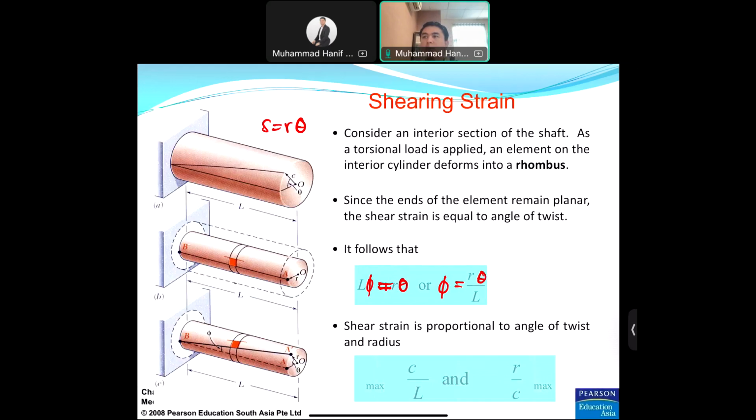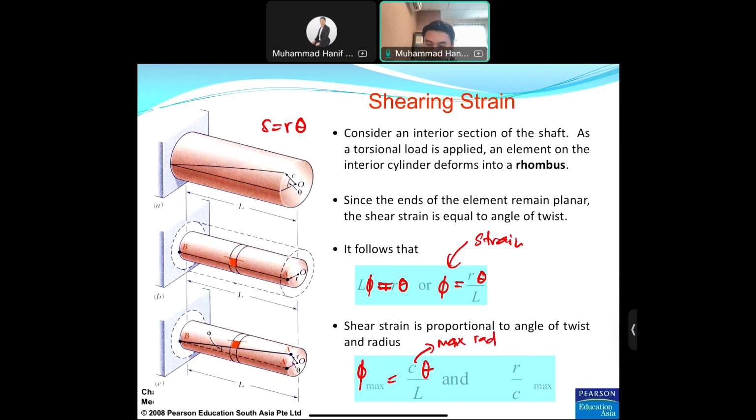So at the end of the day, if you want to determine the strain, the maximum strain occurs when the radius is maximum. So when we have phi maximum, the maximum radius we denote with C, so this C is the maximum radius, and of course theta here.